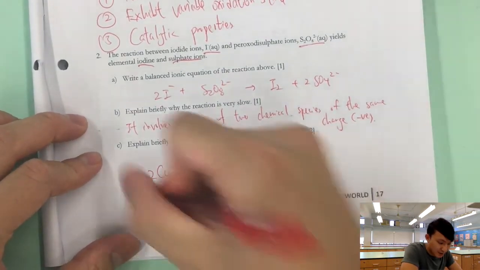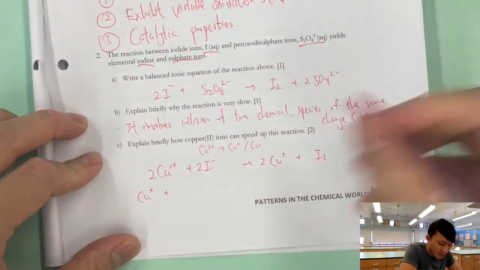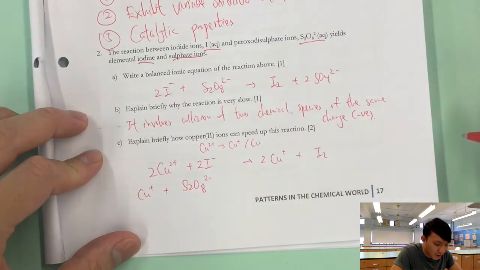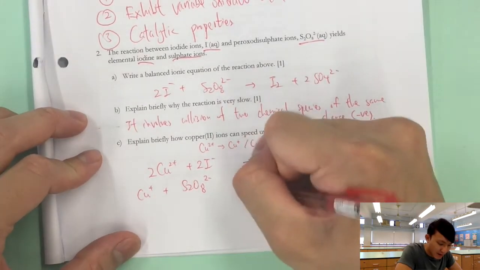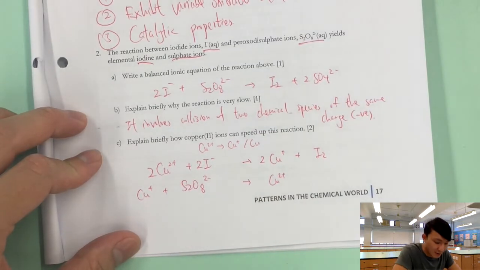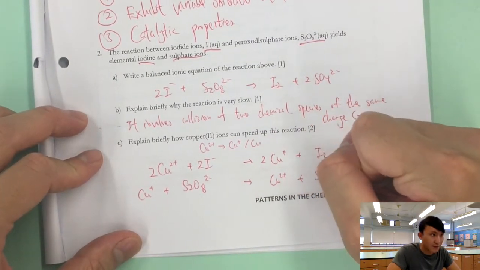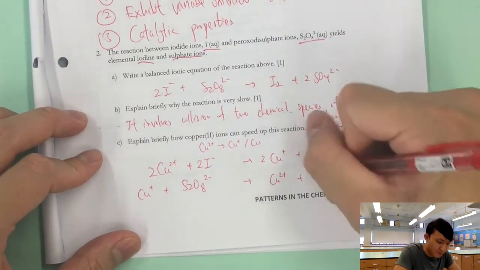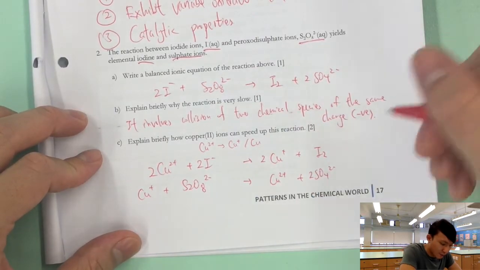The Cu+ will then react with the peroxo disulfide ion, forming back the Cu2+. Remember, the catalyst must be generated at the end, and then the sulfate ion. So there are 2 of them, and then I think we have to have 2 of them.